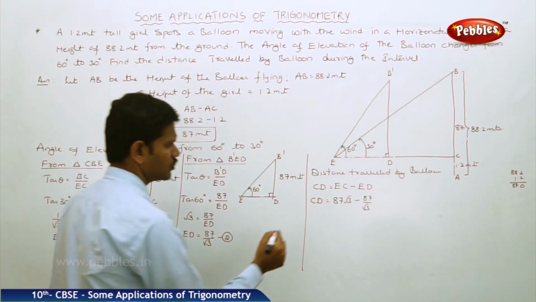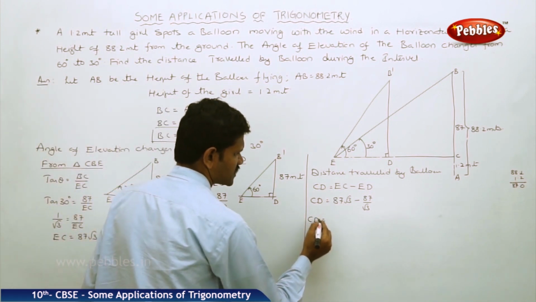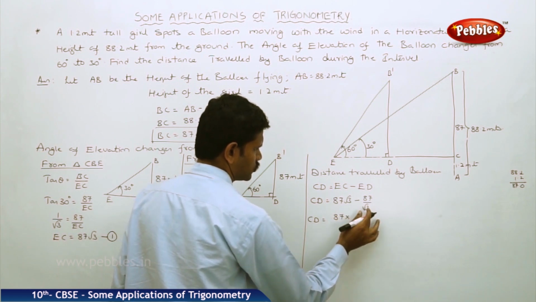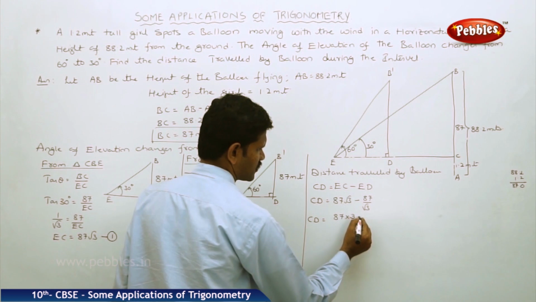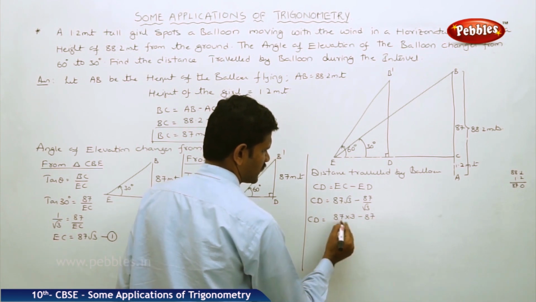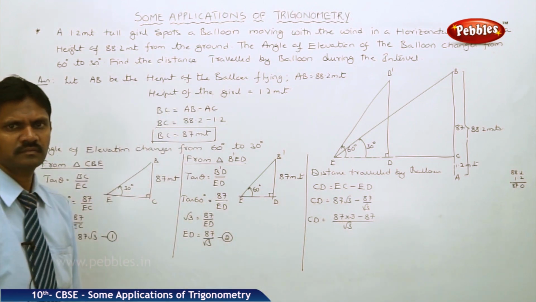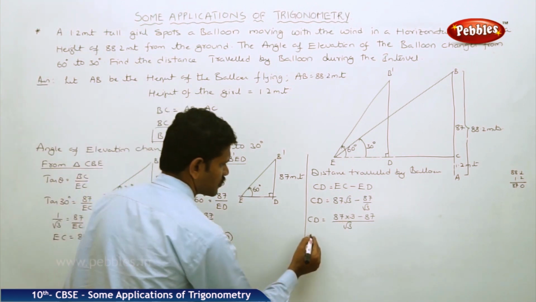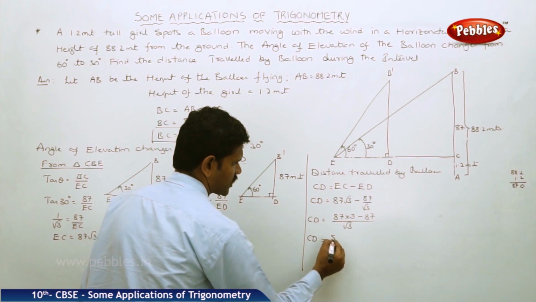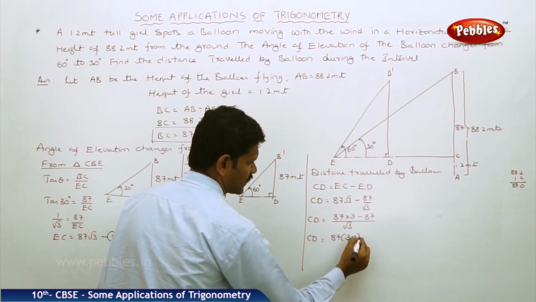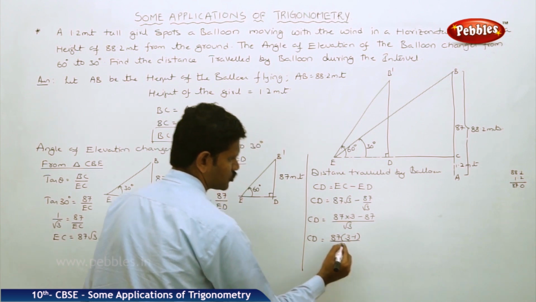That is, CD is equal to, by cross multiplication, 87 into root 3 into root 3, nothing but 3, minus 87 by root 3. That is, CD is equal to, taking 87 common, 3 minus 1 by root 3.